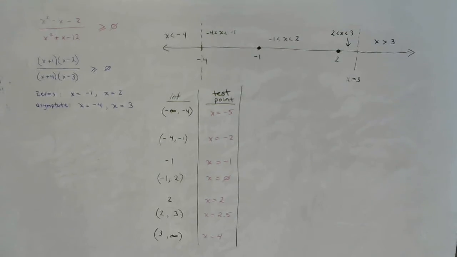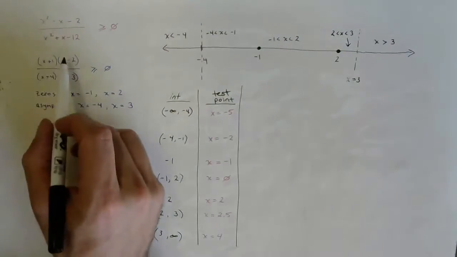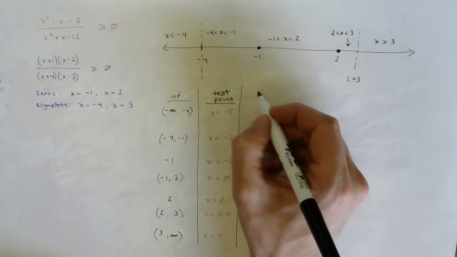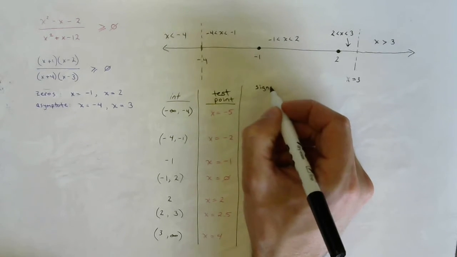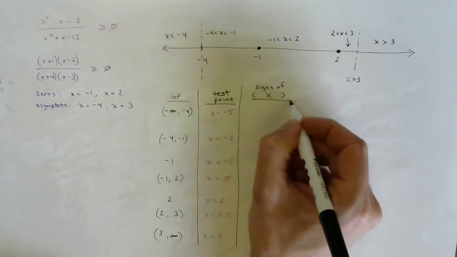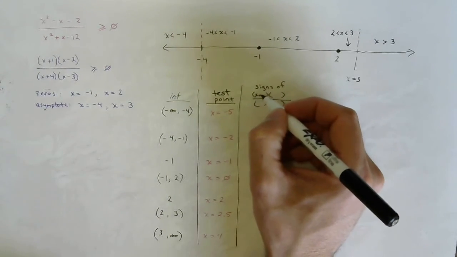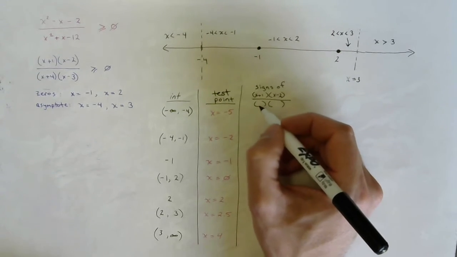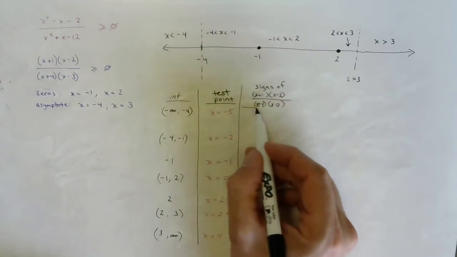In the next column, we are taking our rational expression right here on the left-hand side, and we're basically going to simplify it into positives and negatives. So we're looking at the signs of each of the factors, x plus 1, x minus 2 in the top, x plus 4, x minus 3 in the bottom.